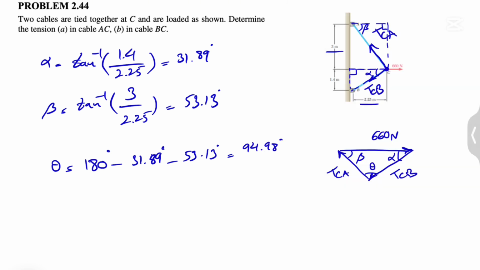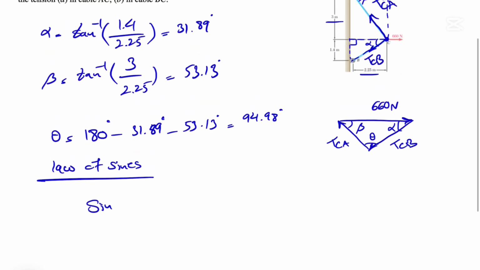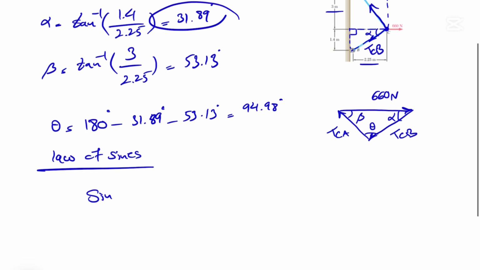And now we're good to go to use our law of sines in order to find the two unknowns that we have. So we have sine of alpha, 31.89 over TCA.